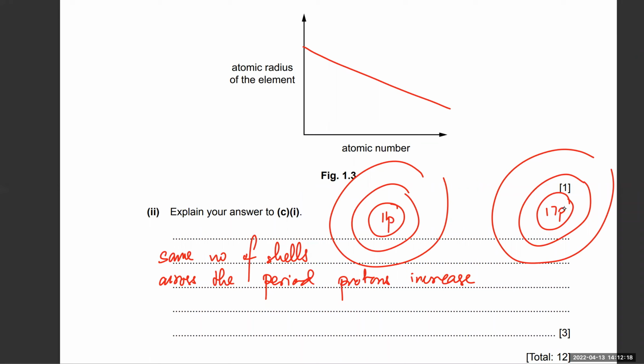So across the period, protons increase, so hence there's more attraction. That statement carries 1 mark. So because of that, there's going to be more attraction between outer shell electrons and the nucleus.